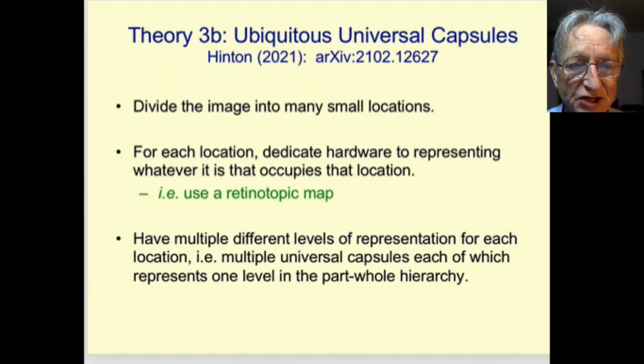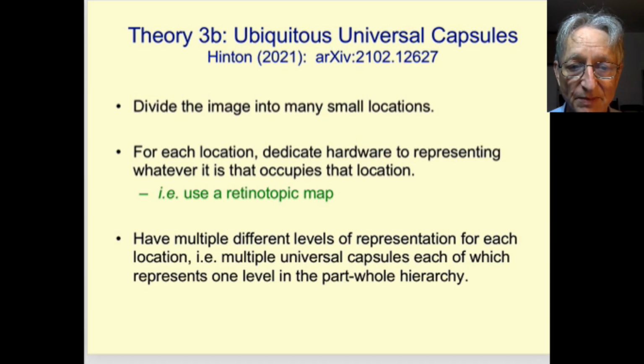So a newer variation of theory 3 is to make the capsules not be specific to particular shapes. So I call this universal capsules, and they're going to be ubiquitous. We're going to have copies of them all over the place. We divide the image into many small locations, and at each location we dedicate hardware to representing whatever it is that occupies that location.